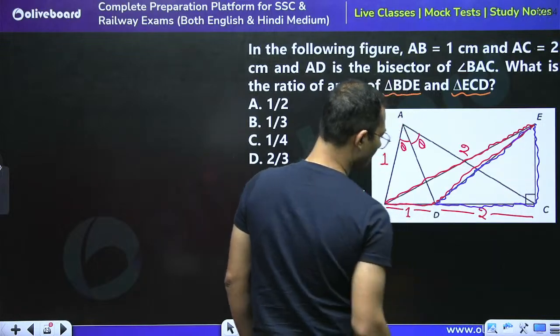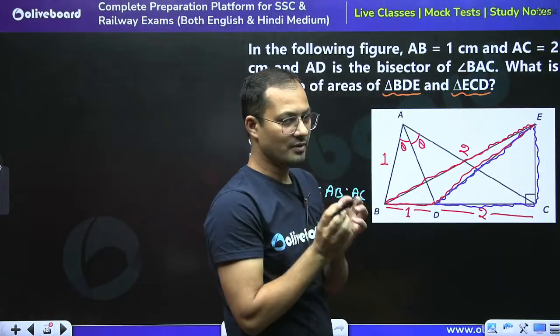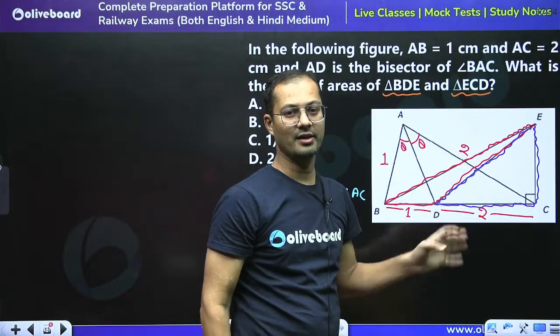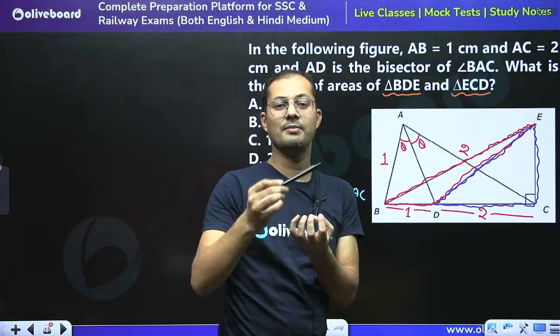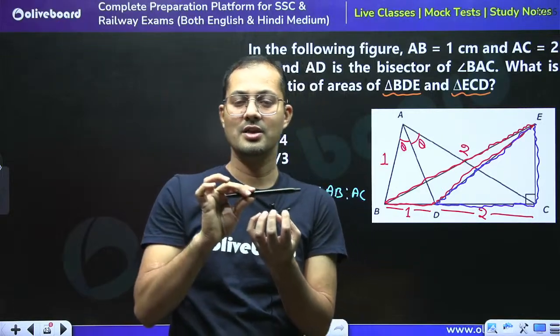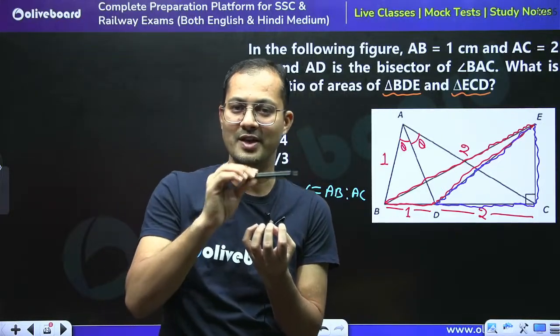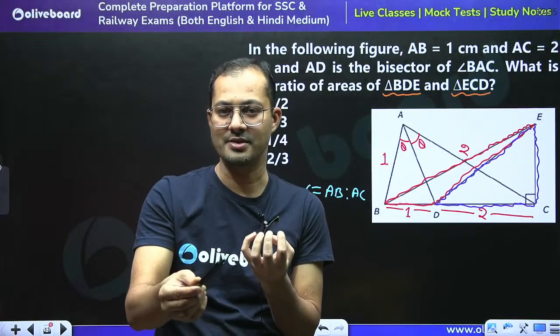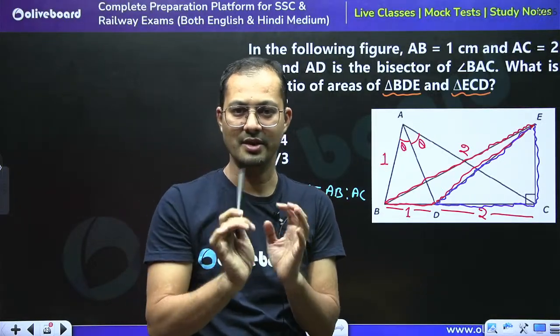Both triangles have the same height, right? If two triangles have the same height, the ratio of their areas is going to be equal to the ratio of their bases. Is this clear?